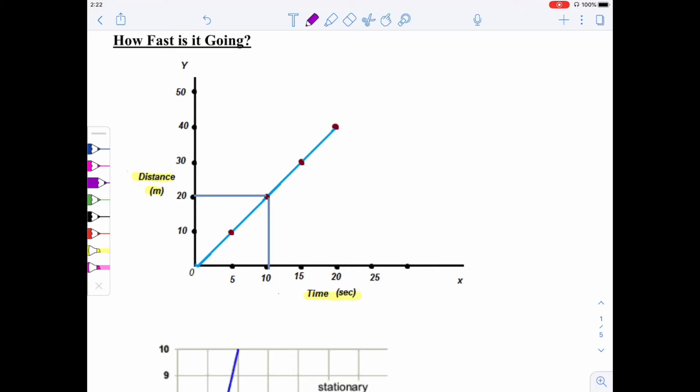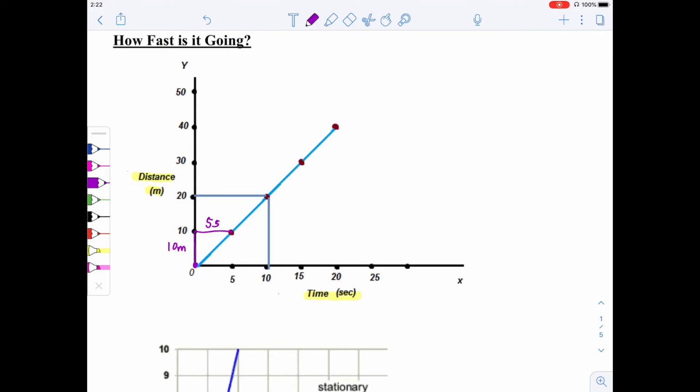So we start here and we go 10 meters for every 5 seconds, right? So 10 meters, 5 seconds.